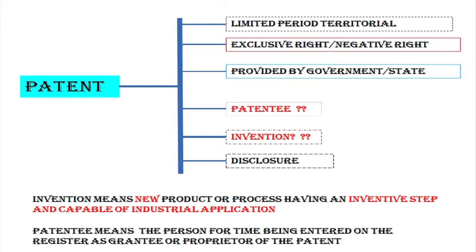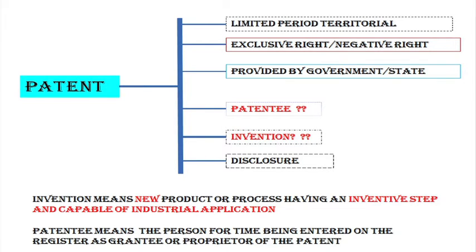If I ask what are the features of a patent, considering present knowledge, okay, we can consider a patent a limited period, territorial, exclusive right or negative right provided by the government or state to the patentee for his invention, in consideration of the disclosure of his invention.